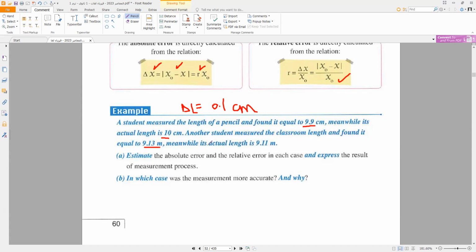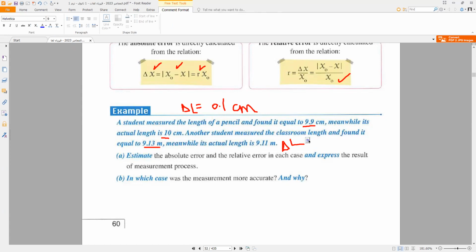So the difference between them, the absolute error of the length of your classroom, equals 0.02 meter. So here 0.1 centimeter, here 0.02 meter.